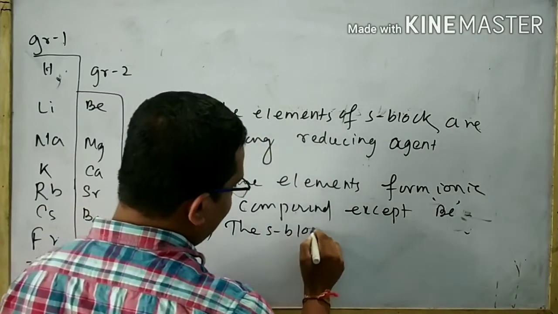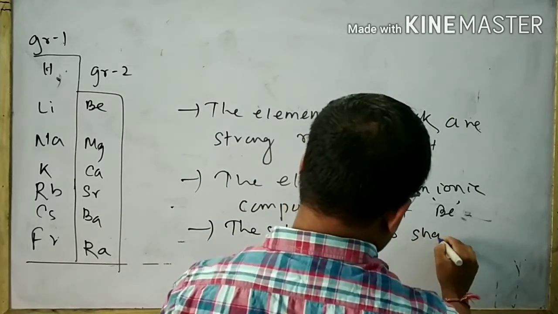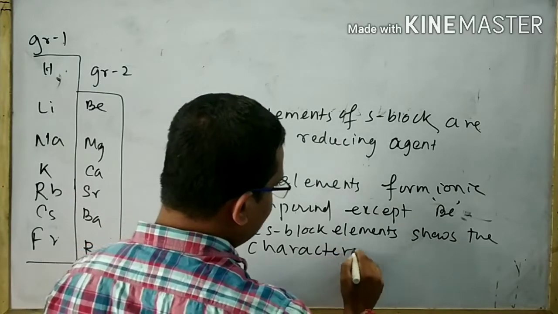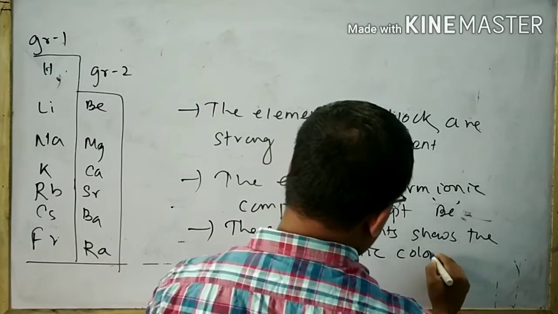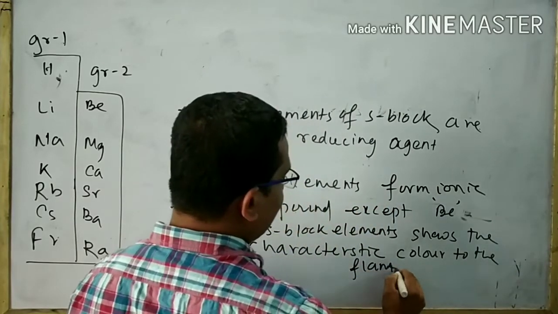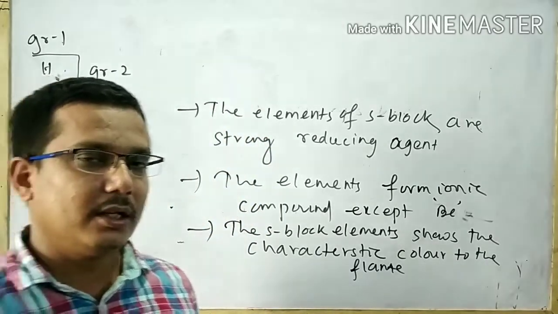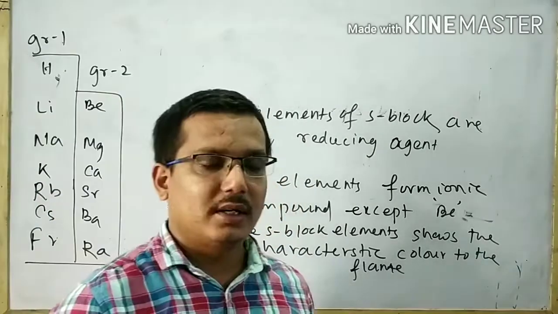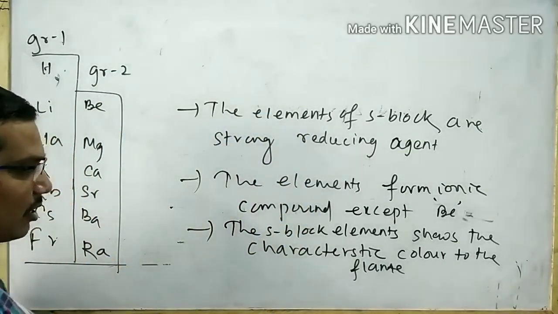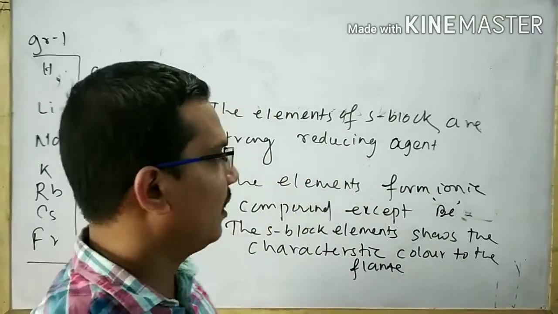The s block elements show characteristic color to the flame. This means when an s block element is subjected to burning, then it gives different types of color. Every element shows a fixed color, that is said to be the characteristic color. This is all about s block elements.